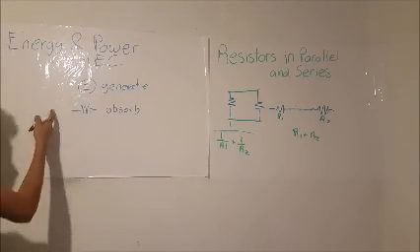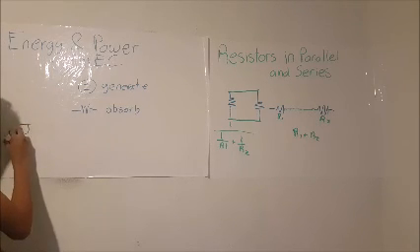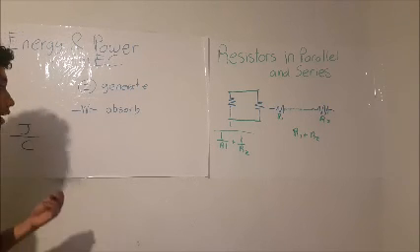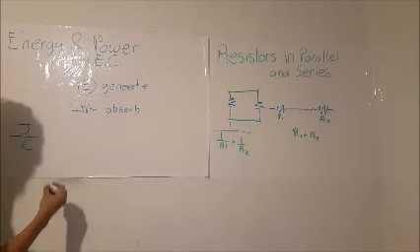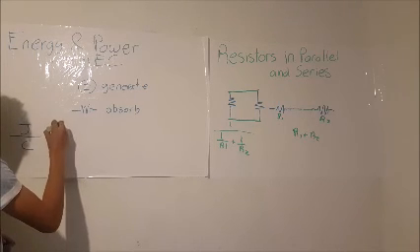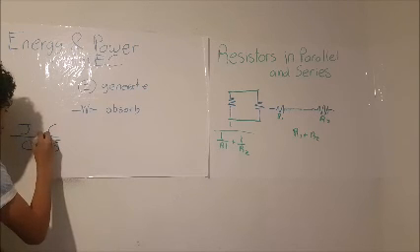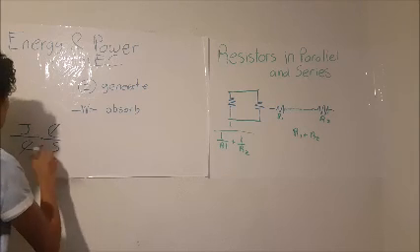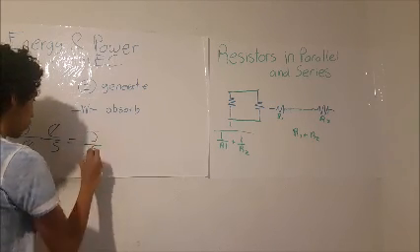We know that voltage is joule over coulomb, and as we saw at the beginning of the video, the current is coulomb per second. So if we multiply these, we can get rid of the coulombs and we get joule over second.